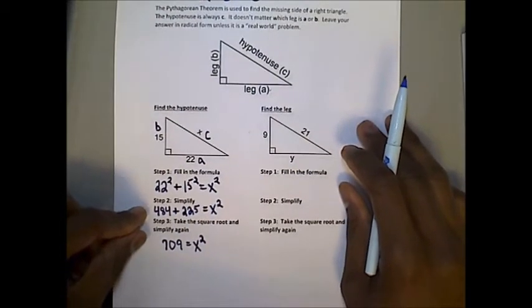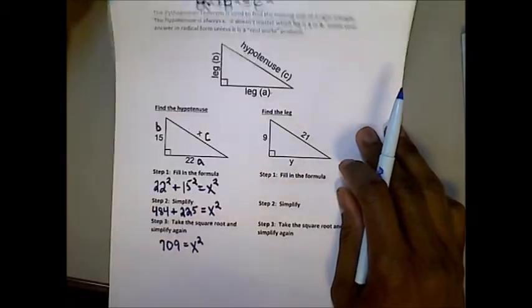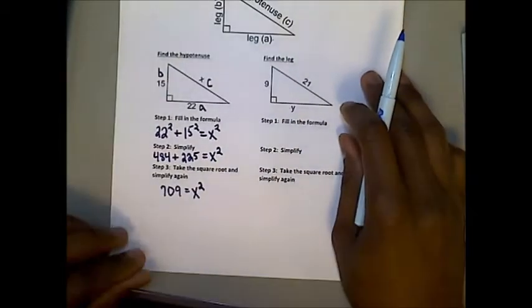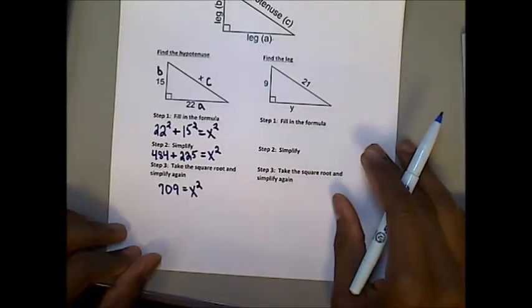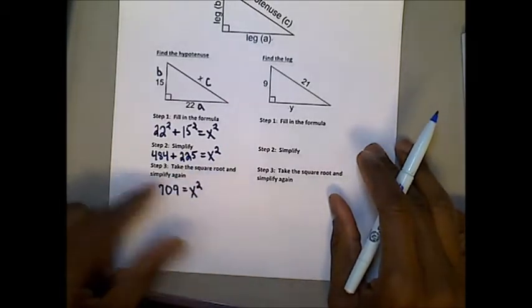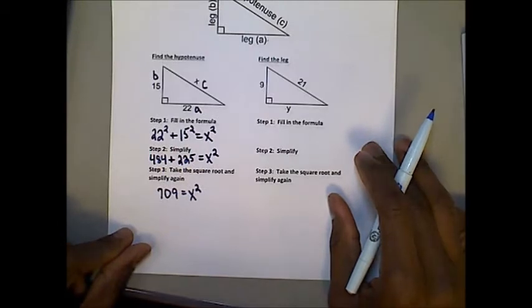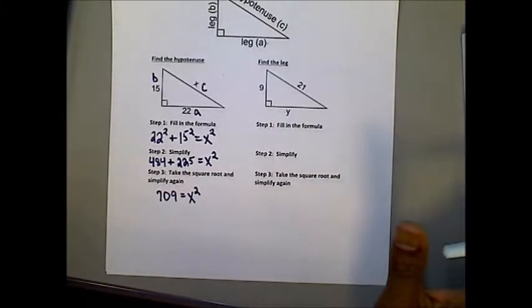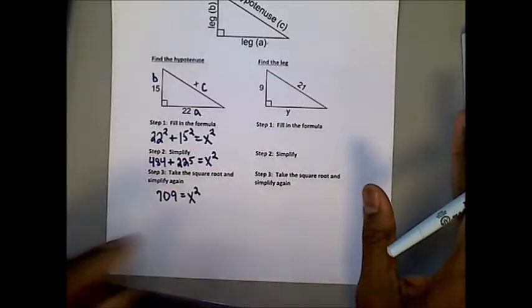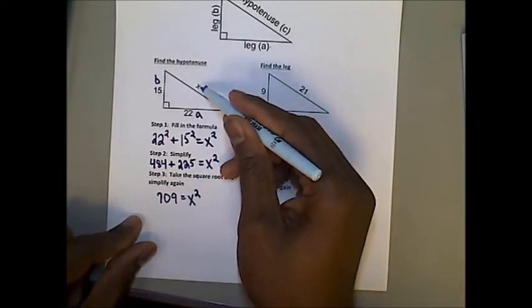Okay? So now, move the paper up here a little bit, and now, step number 3, take the square root and simplify it again. So when we take the square root, just like all things algebra, what we do to one side, we have to do it to the other. So I'm going to take the square root of both sides, because I'm solving for x, not x squared.